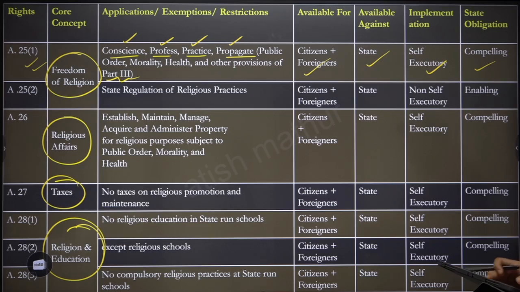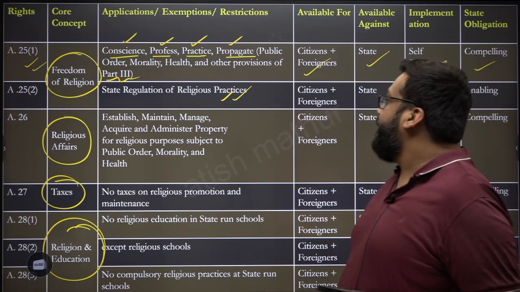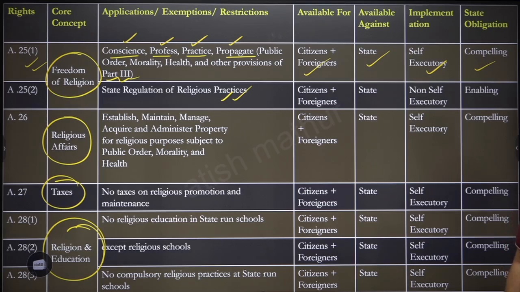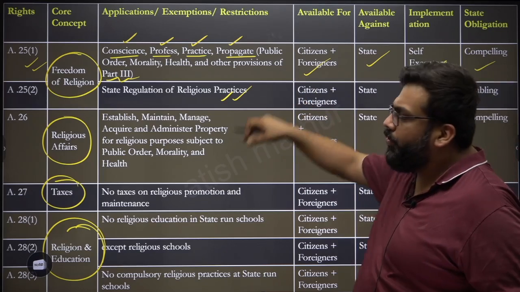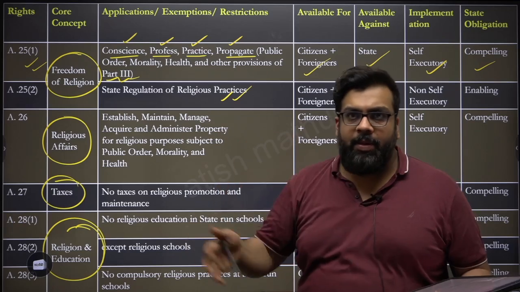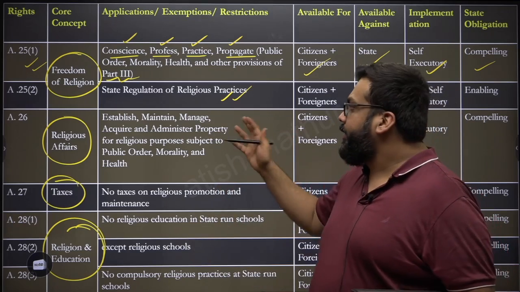Now Article 25 Clause 2, which is very important, is that the state can regulate religious practices, and 25(2) allows for the state to do so, which has subclauses A and B, but the essence is that the state through law, through institutions, can regulate the economic, the financial, the political, or any activity with respect to religion.